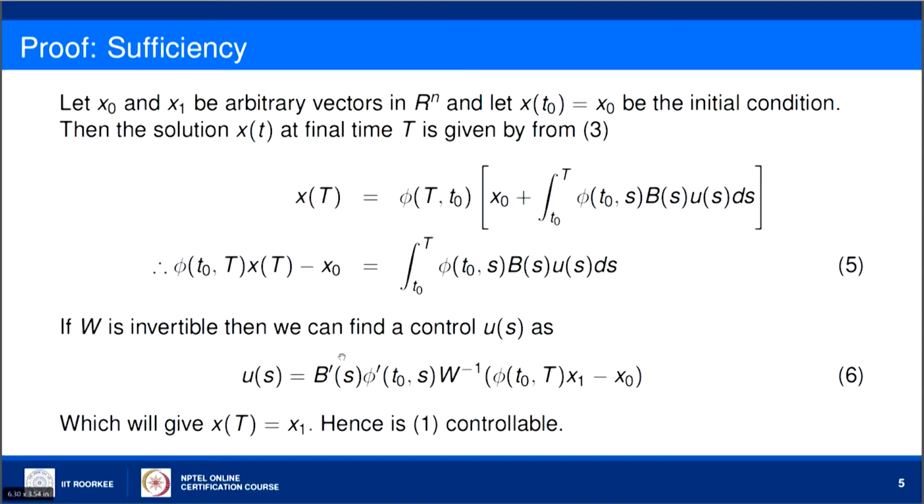If you substitute this u of s in this place, what we will obtain finally is phi of t naught, capital T into x1 minus x naught.